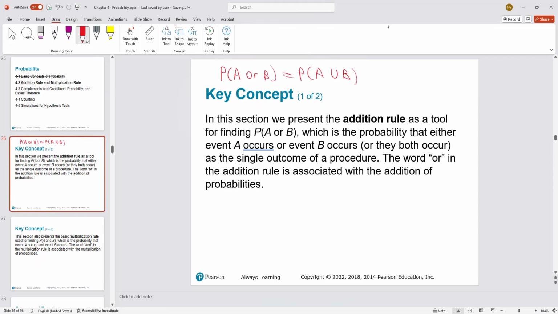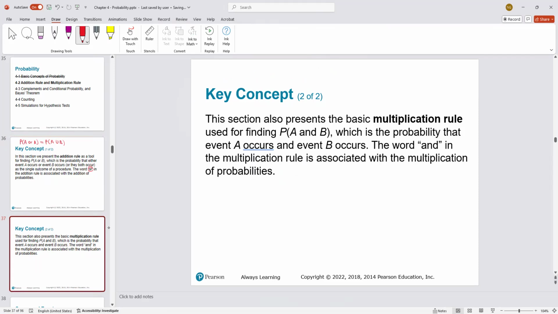It's the probability that either event A occurs or event B occurs, or they both occur at the same time as the single outcome of a procedure. The word or, which is a conjunction in the addition rule, is associated with the addition of probabilities.